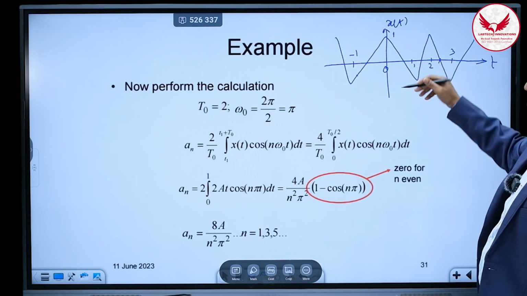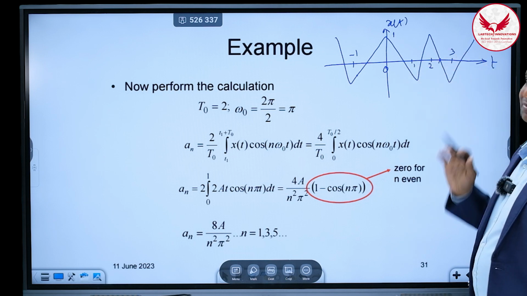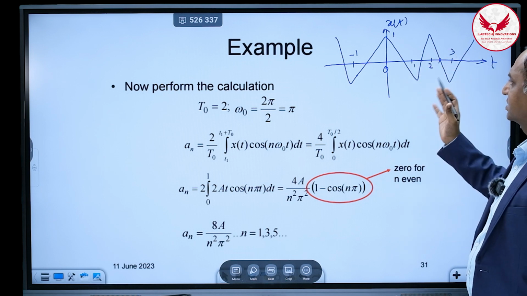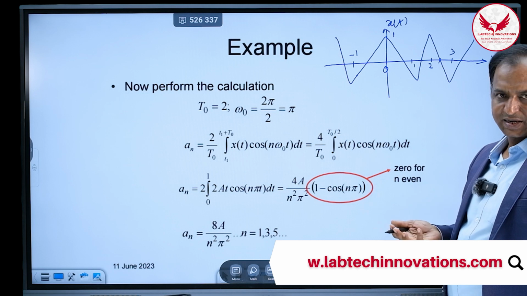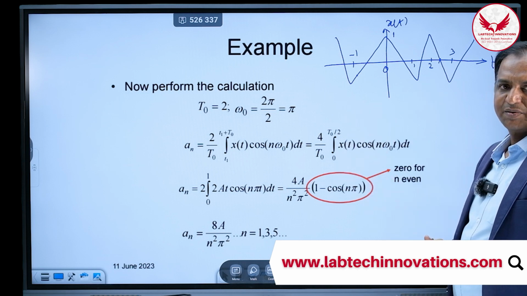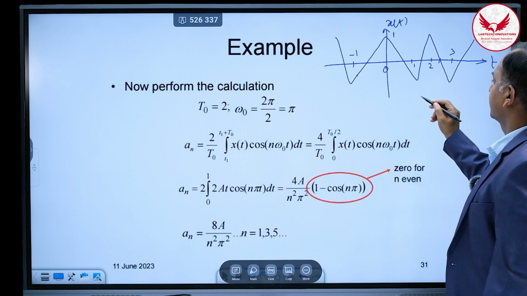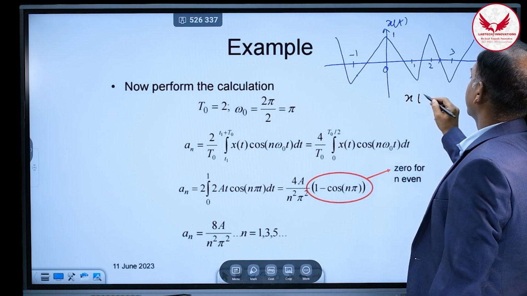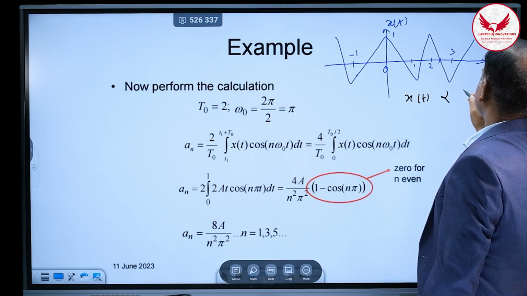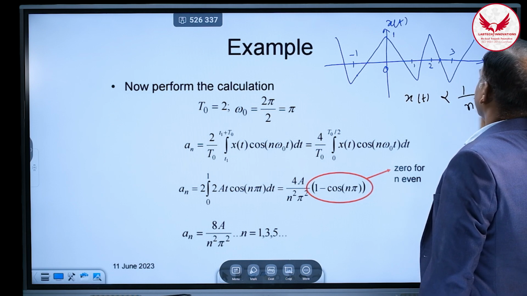This is a problem, x of t. If you look at this problem, I already told you that by using symmetry properties you can predict the trigonometric Fourier series coefficients. This signal is discontinuous. If it is discontinuous, then the trigonometric Fourier series coefficients are proportional to 1 upon n square.